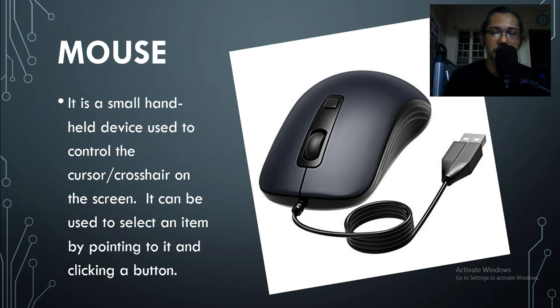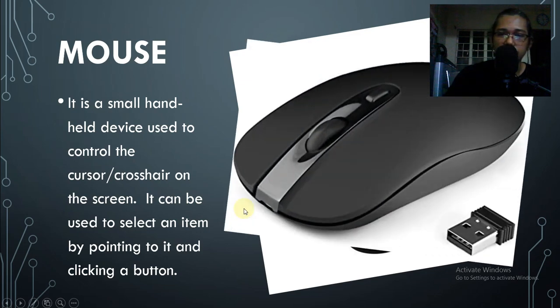If you wanted to browse the screen, you used the arrow keys on the keypad of the keyboard. Anyway, the mouse is a small handheld device used to control the cursor and crosshair on the screen. It can be used to select items by pointing to them and clicking a button.